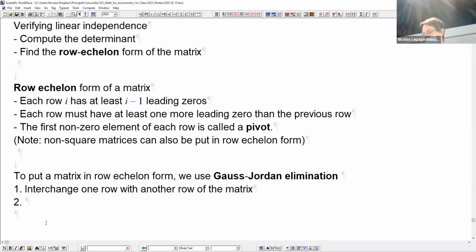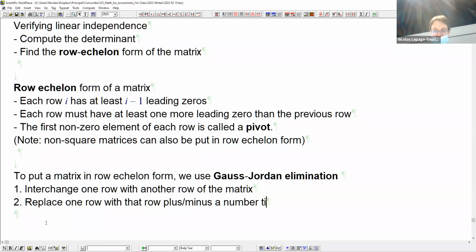Two, we can replace one row with that row plus or minus a number times another, including itself.